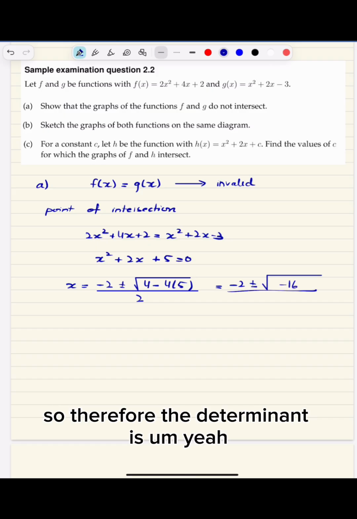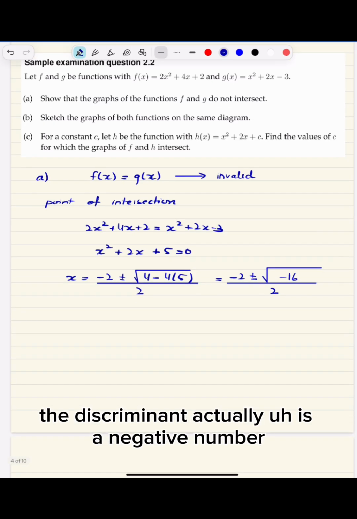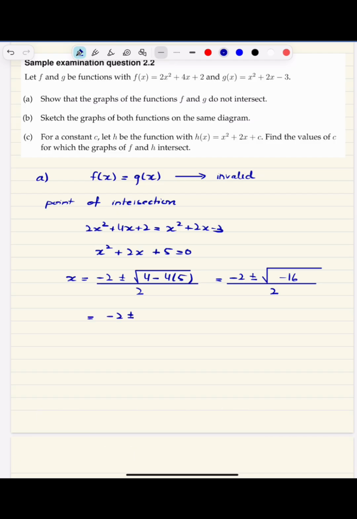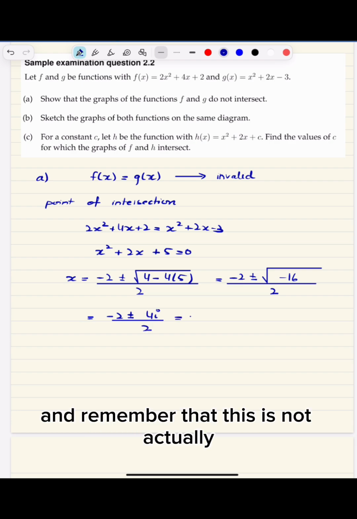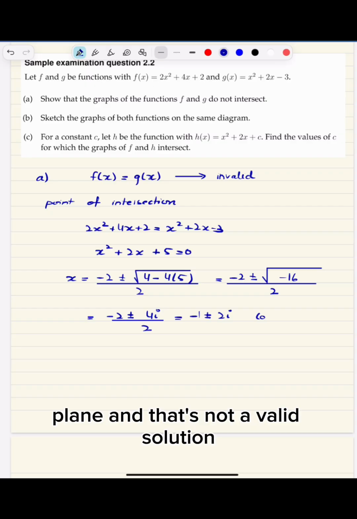So therefore the discriminant is a negative number. So the solution is going to be a complex number, so 4i over 2. And remember that this takes us into the complex plane, and that's not a valid solution.